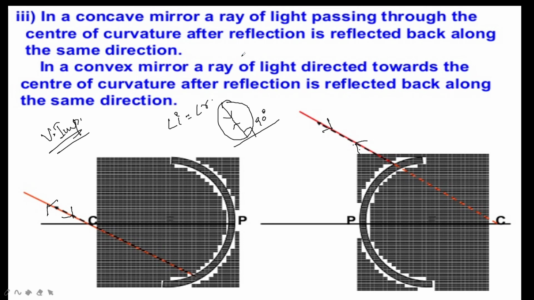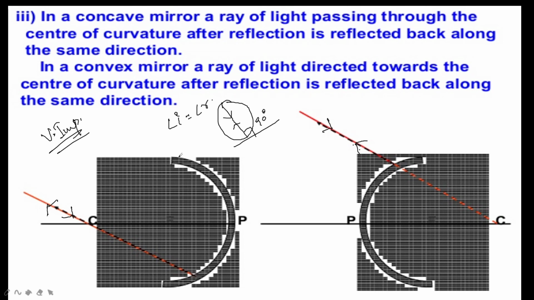In a concave mirror, a ray of light passing through the center of curvature after reflection is reflected back along the same direction. In the case of a convex mirror also, a ray of light directed towards the center of curvature, after reflection, is reflected back along the same direction. Understand?